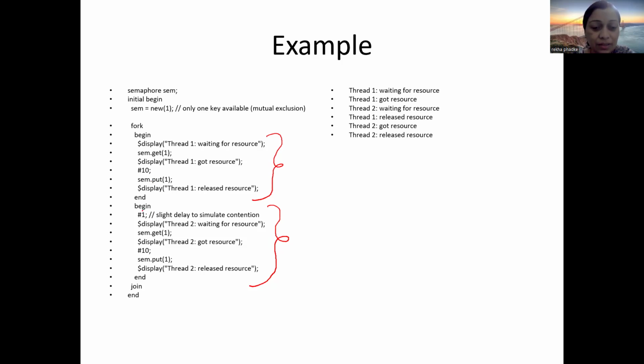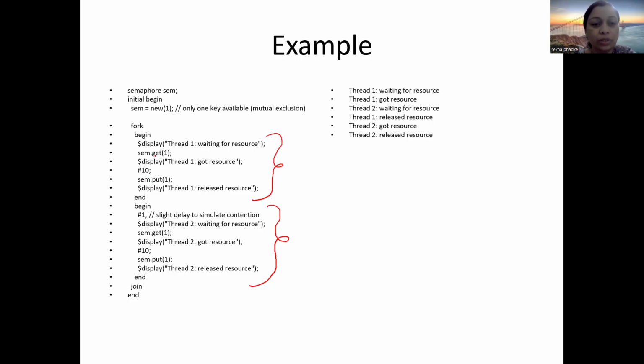But here, in the second process, in the second concurrent block, hash 1, after a delay of 1, thread 2 waiting for resource, right? It's waiting. And sem dot get, it wants the key now, but it will not get it until 10, because this already has taken. Any one process would have taken the key, right? So then the second process will not get it until this releases it, until a put happens.